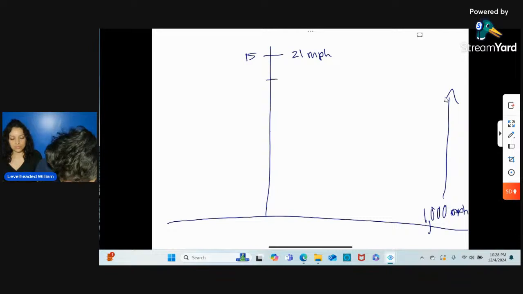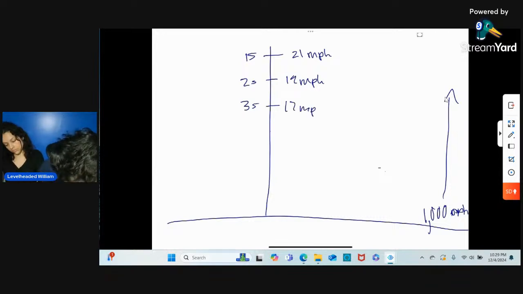And then in the second second, what they're claiming is that it resets again to 1,000 miles an hour, and now it has to decelerate slower, we'll say like 19 miles per hour. And then in the third second, it resets back to 1,000 miles an hour, and then it decelerates 17 miles per hour.